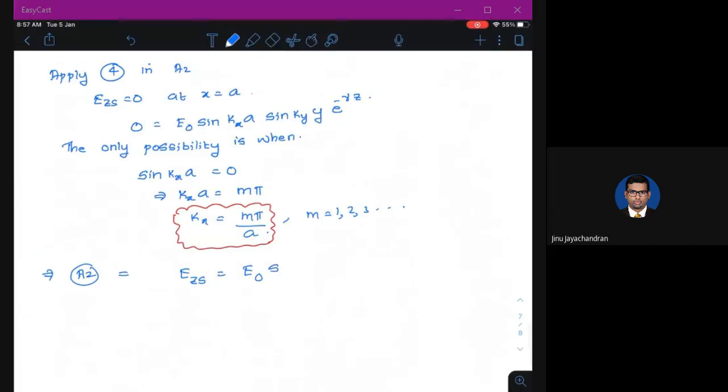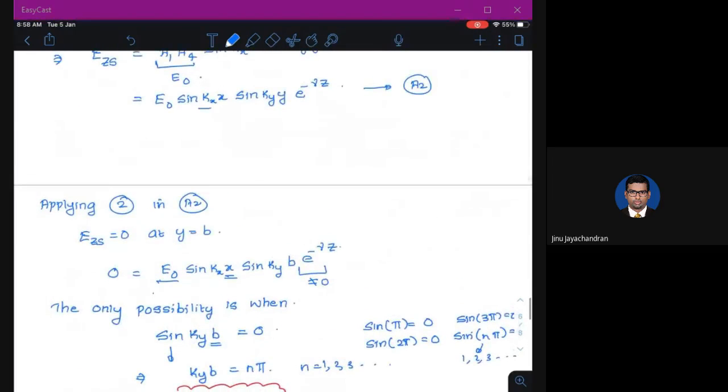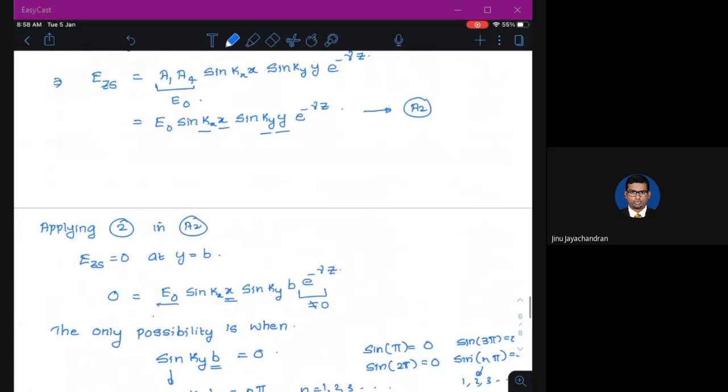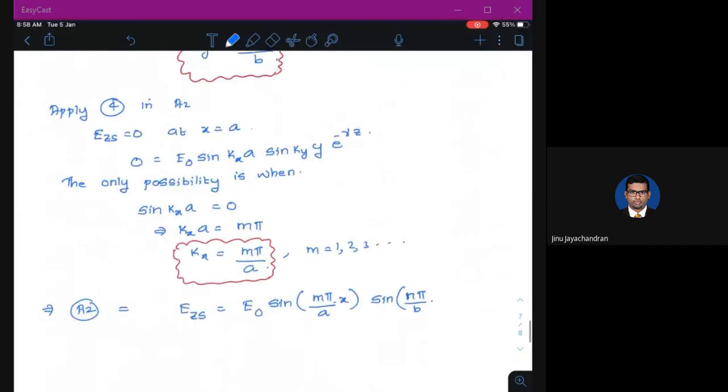So Ez is equal to E0 sin of m pi by a multiplied by x, because it is kx into x, multiplied by sin of ky, which is n pi by b, multiplied by y, e raised to minus gamma z. And this is the single most important equation in the waveguide.